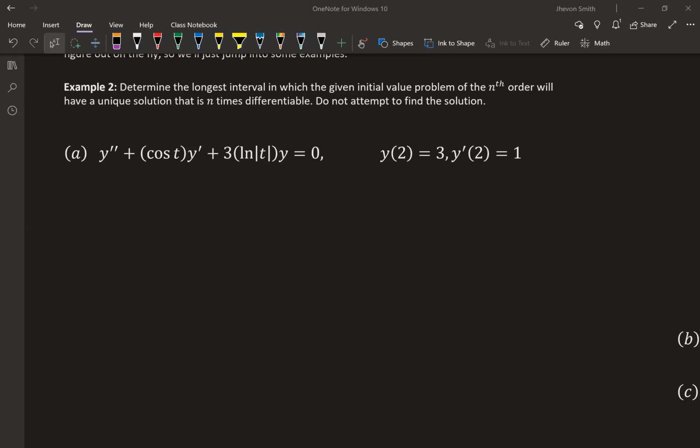Where would you say we can find a unique solution? Any guesses?